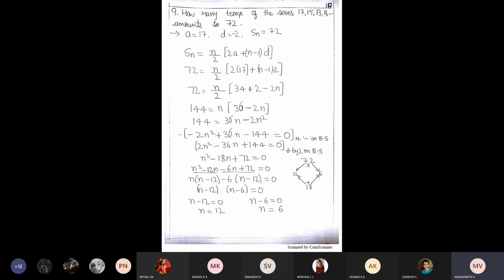Now, while simplifying quadratic equations of order 2, with n square terms, generally we say that the coefficient of the first term should be equal to 1. The convention is that for ax square plus bx plus c is equal to 0, if you have the coefficient a as 1, then the simplification becomes easy.